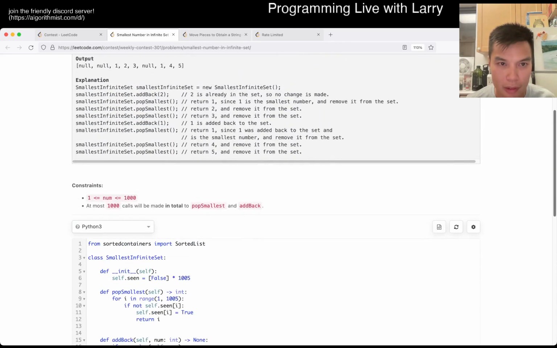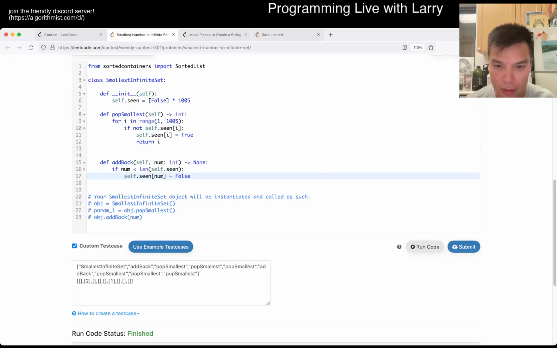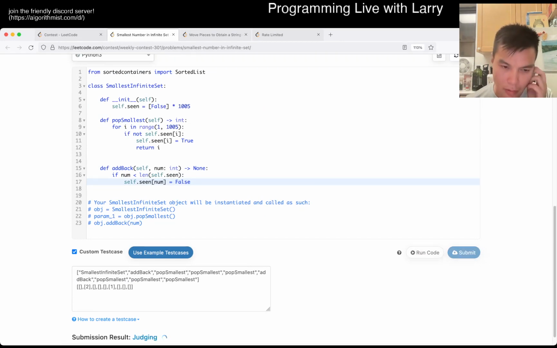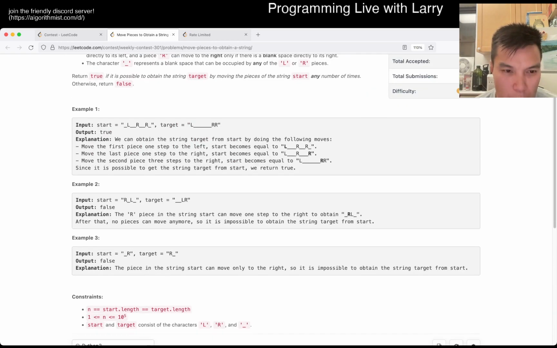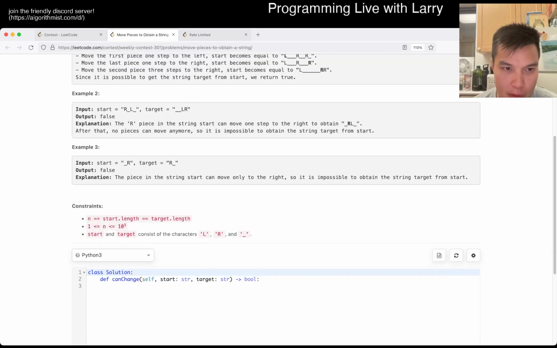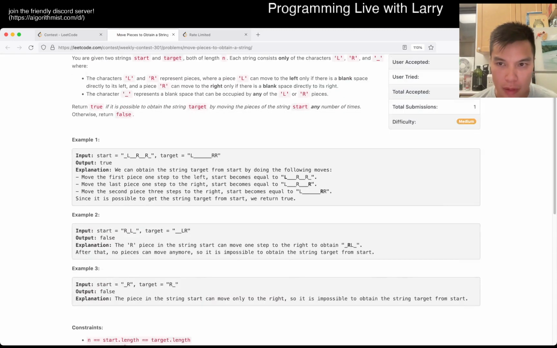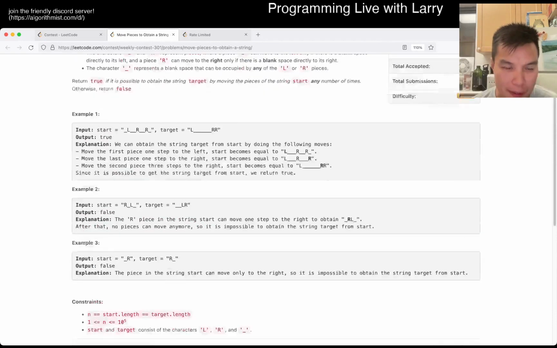Is that right? Okay. That was sloppy on that one, but start and target. Okay. Okay, let's see. Well, someone already got it.